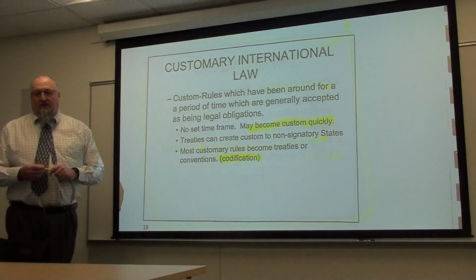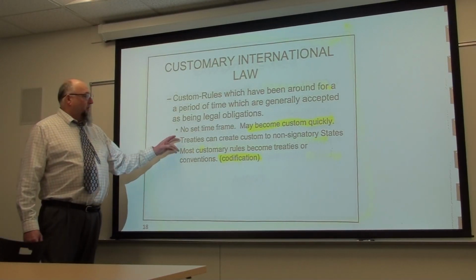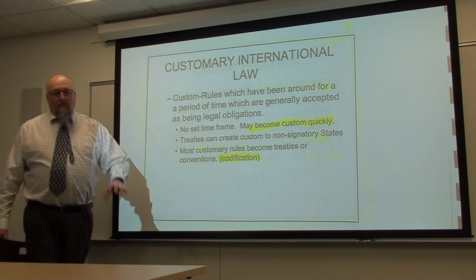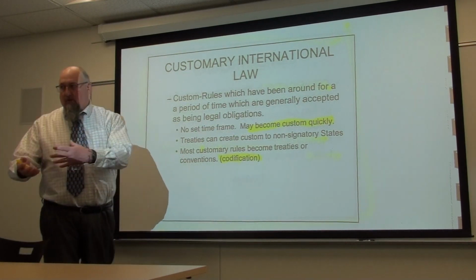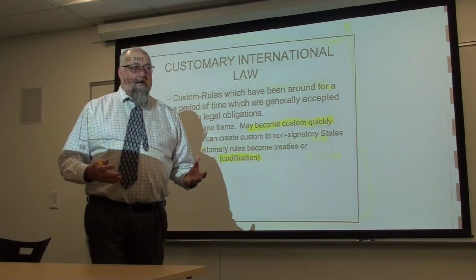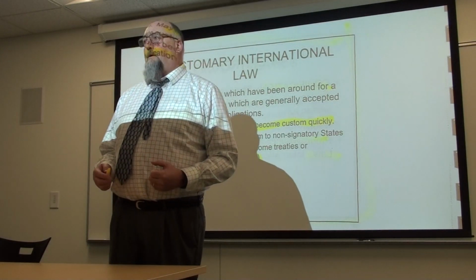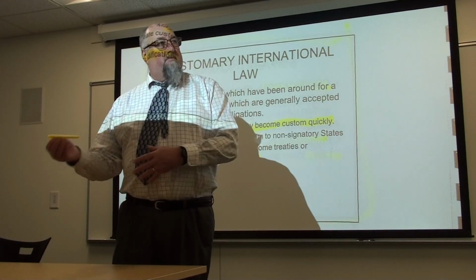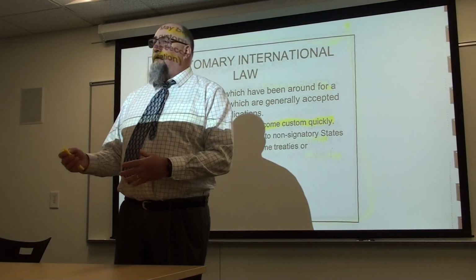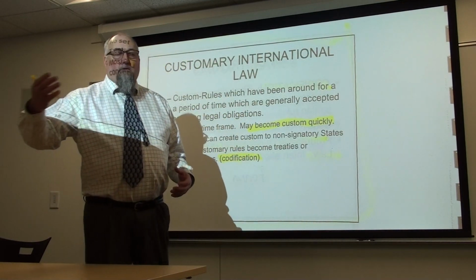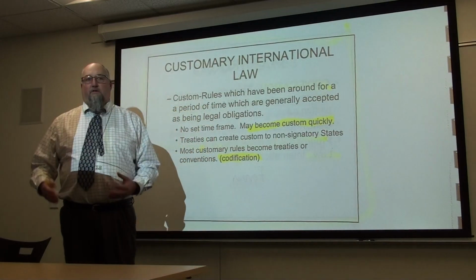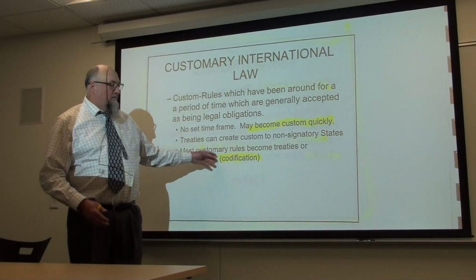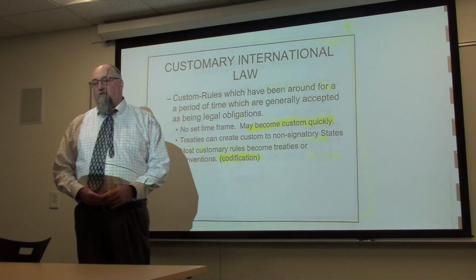But this is also an interesting thing. So we have customary rule. It's then put into writing. It's then adopted by countries as a treaty. But that treaty can then create custom of its own on countries that are not part of the treaty. So let's just use the Sputnik case.